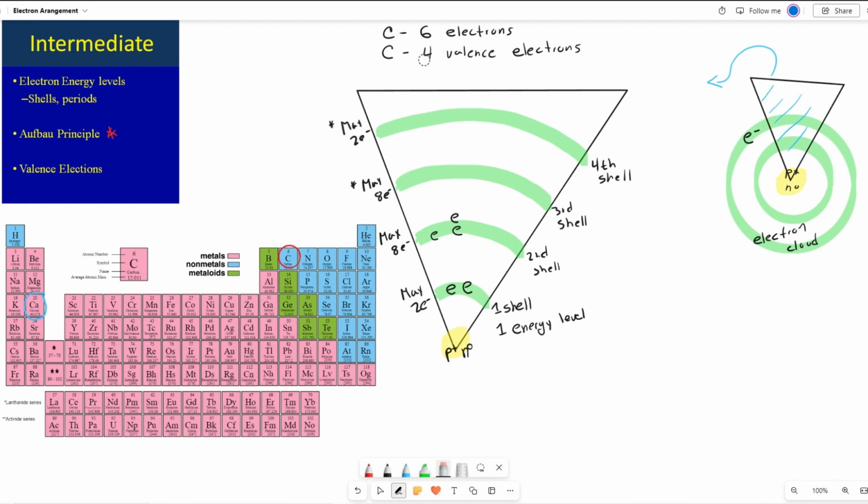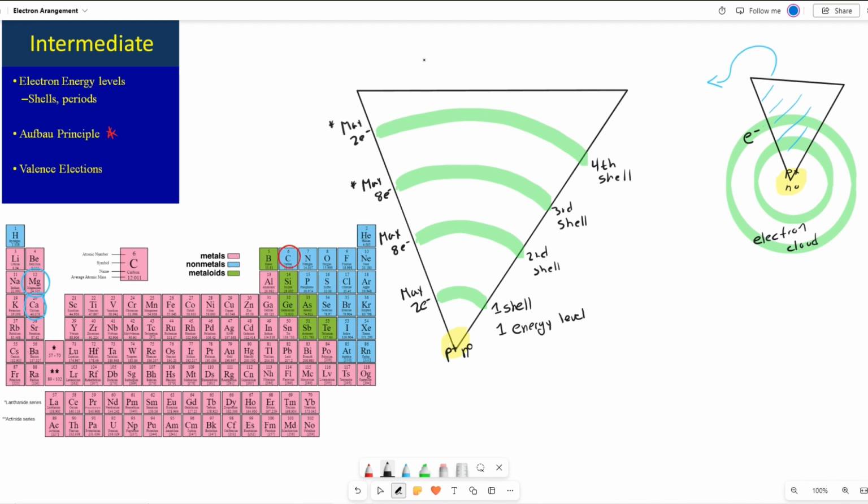So let's take a look at another example that has a few more electrons in it. Let's take a look at, say, the element magnesium. Magnesium is element number 12 on the periodic table, which means magnesium is going to have 12 electrons. Remember, we have to fill the electrons from lowest energy level moving up to higher energy levels.